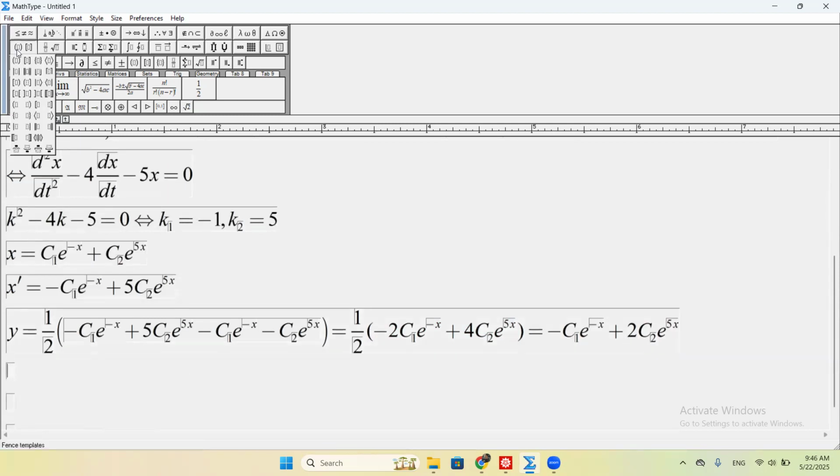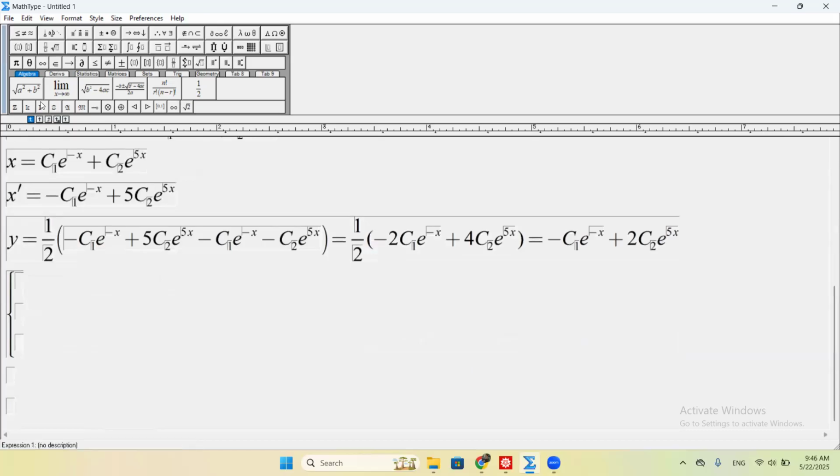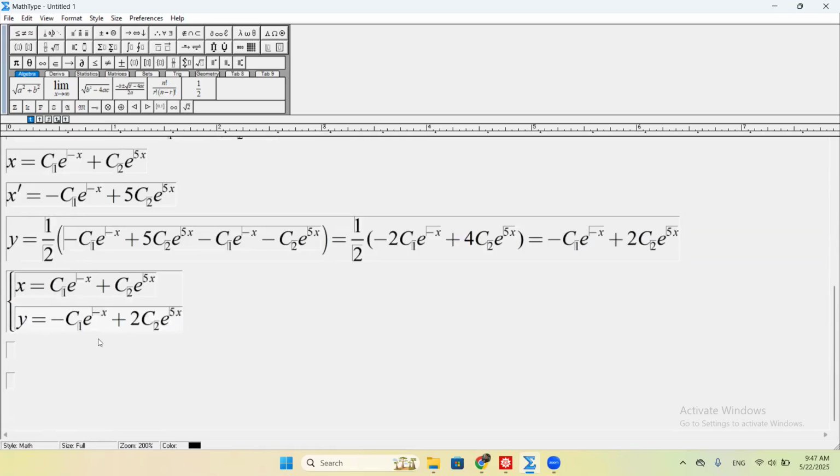So the final answer will be the following. x equals c1 e in power of minus x plus c2 e in power of 5x, and y equals minus c1 e in power of x plus 2 c2 e in power of 5x. So this is the final solution.